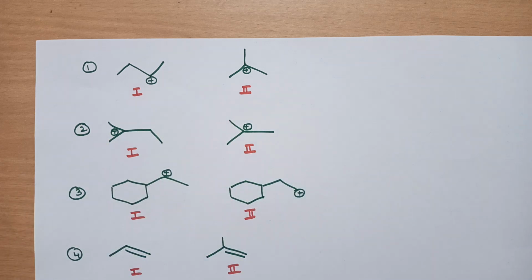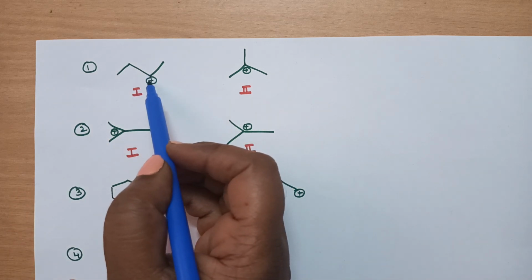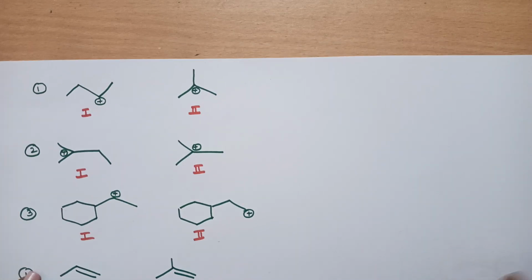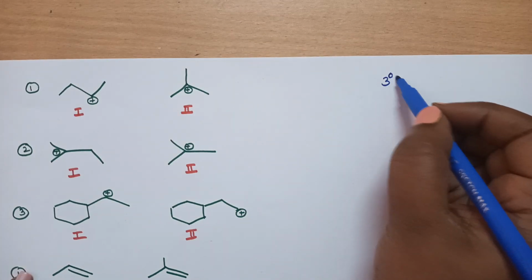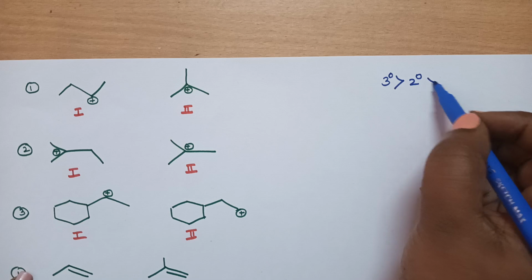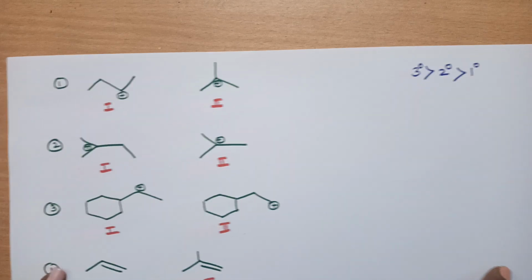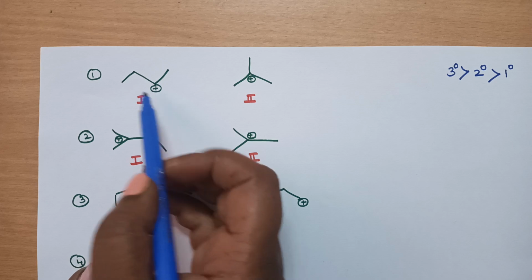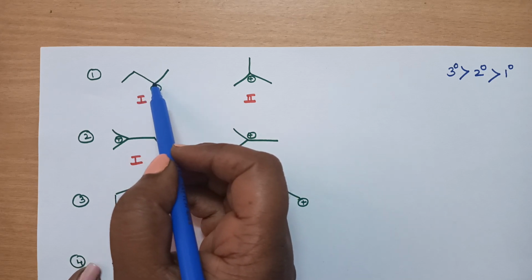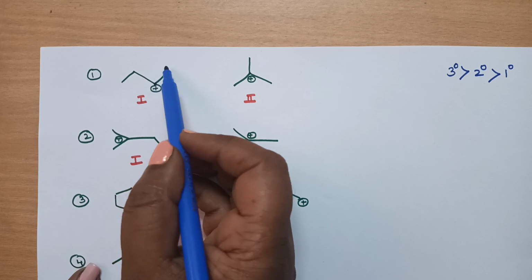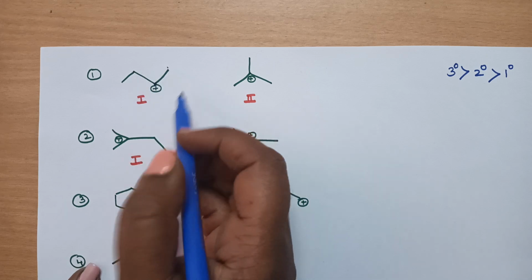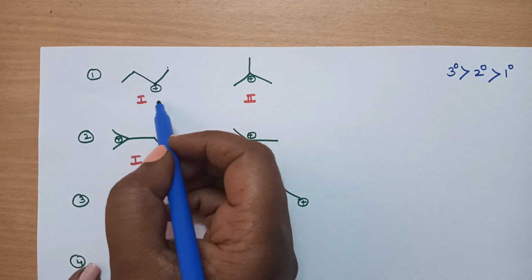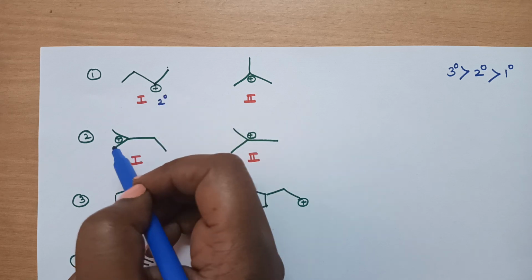So students, see here, this is carbocation. So what we have just now learned, tertiary carbocation is more stable than secondary, which is more stable than primary. So here, check whether it is primary, secondary or tertiary. This carbocation is connected to 1 carbon, 2 carbon. So 2 carbon atoms means this is secondary carbocation.